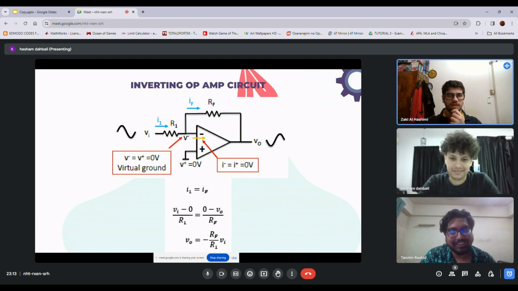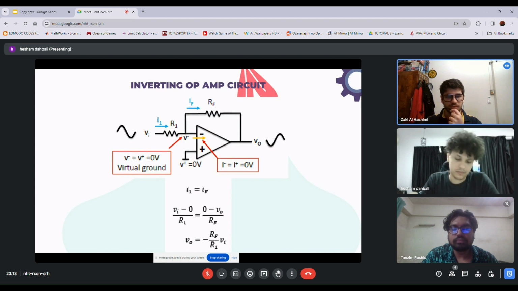Now, regarding the inverting op-amp circuit, it consists of an ideal op-amp that has its non-inverting input connected to ground. The input voltage comes in through the inverting input, where the voltage would be exactly the same as the non-inverting input, because in an ideal op-amp the voltages for both inputs are exactly the same.